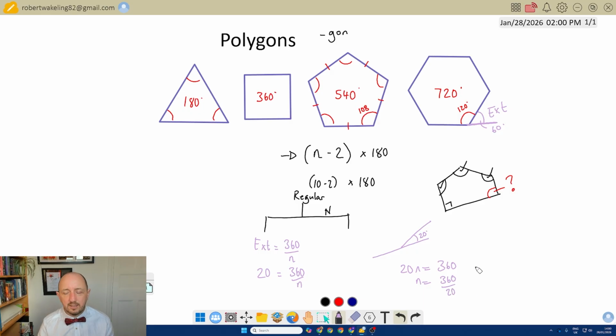So 360 divided by 20 is 18. This would be an 18-sided shape, like that. To do it the full way, that adds a lot of difficulty. It can be done, but using the exterior angle formula is way quicker.